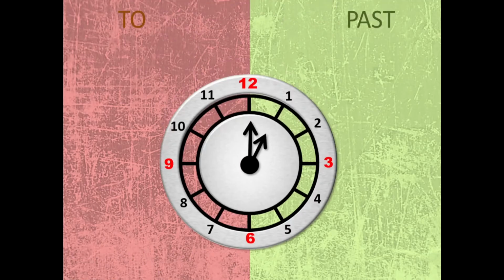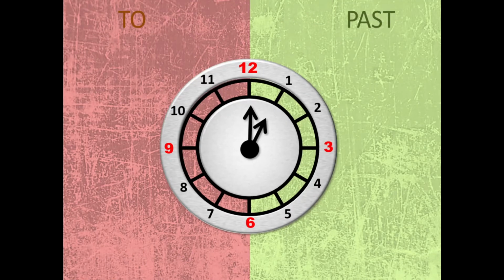Telling the time. We have the left side of the clock, colored red, which you would call "to", and the right side, colored green, which we would call "past". Okay, so let's start by learning the names of each part. The first one is 5 past.